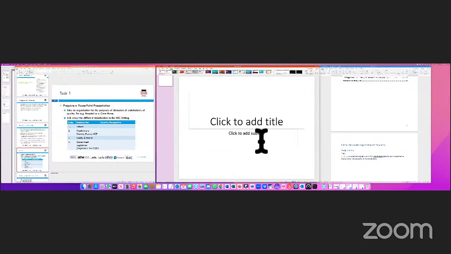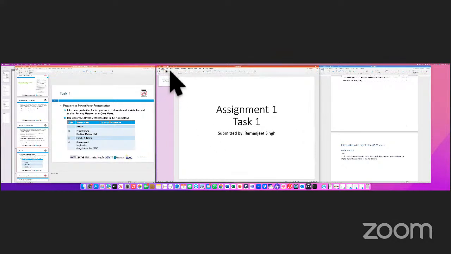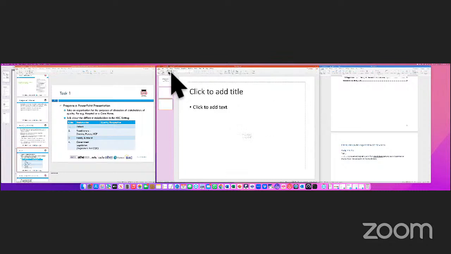Now here, because it talks about assignment 1, task 1, I would put submitted by, and then my name, just your student name, and this would be covering task 1 of the assignment. Then I would add a few slides.